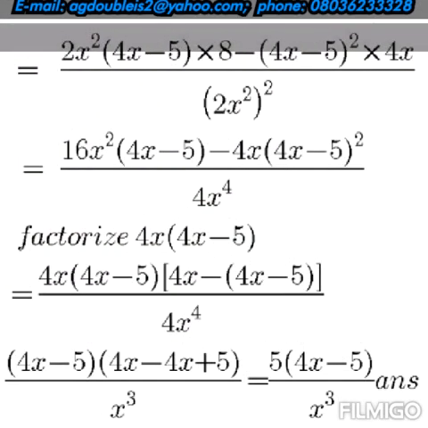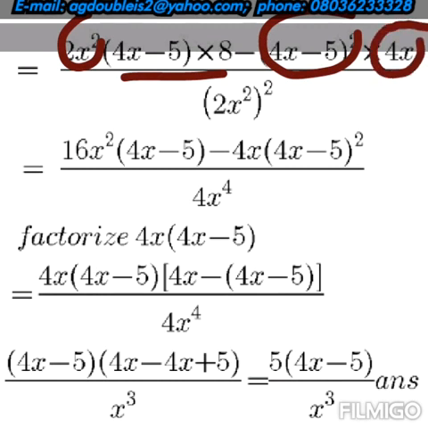If you substitute your values in your formula, remember our v is 2x squared, our du/dx is 8 times (4x minus 5), our u is (4x minus 5) all raised to power 2, and our dv/dx is 4x. Our v squared is this, 2x squared, squared.